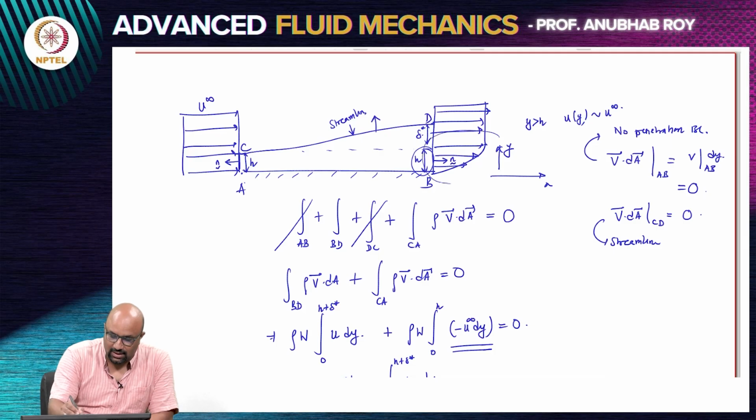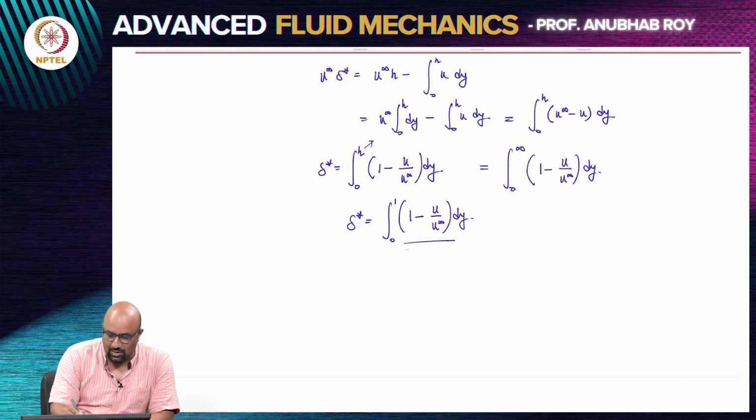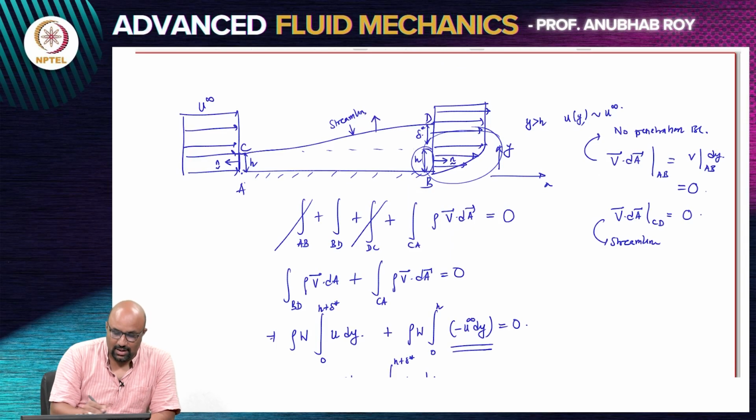Because the fluid has been slowed down, this leads to a certain deficit in your x momentum. This deficit in the x momentum is what is used to measure the boundary layer thickness.